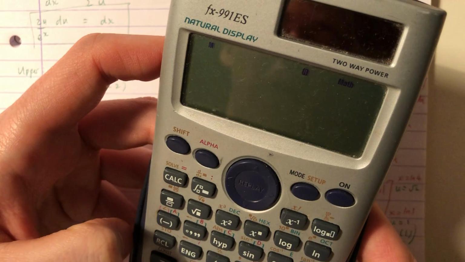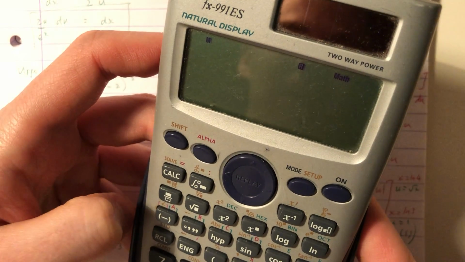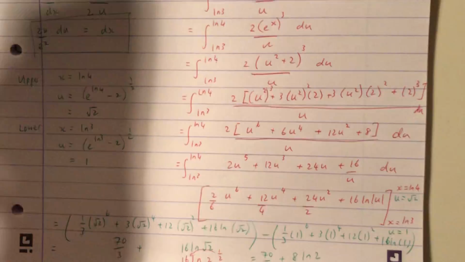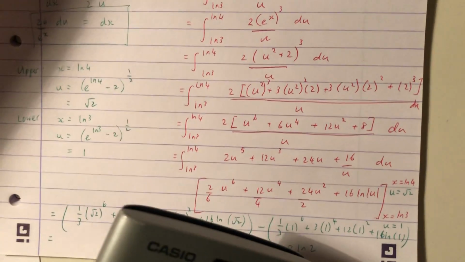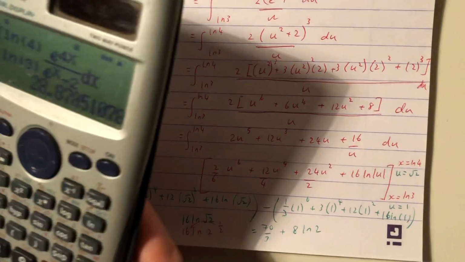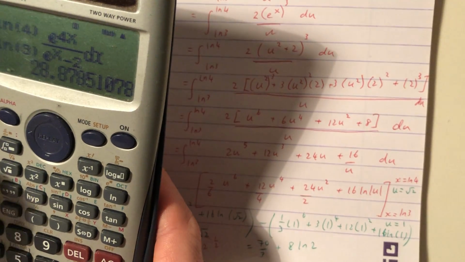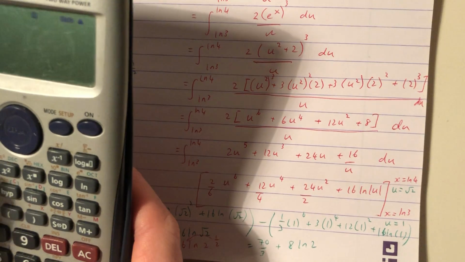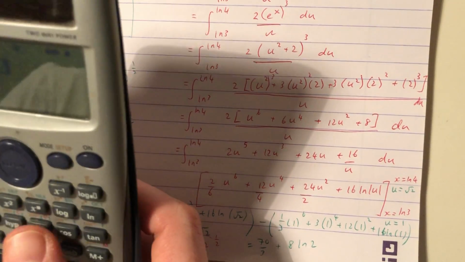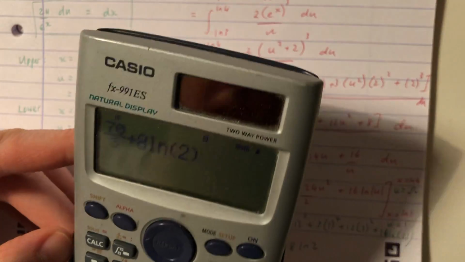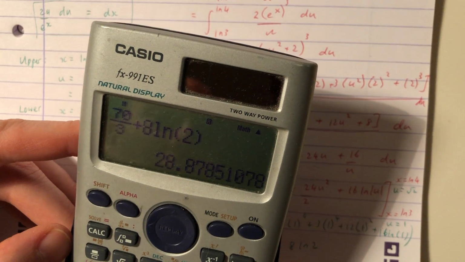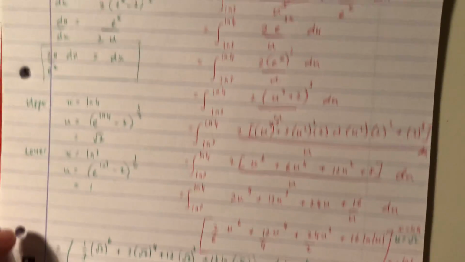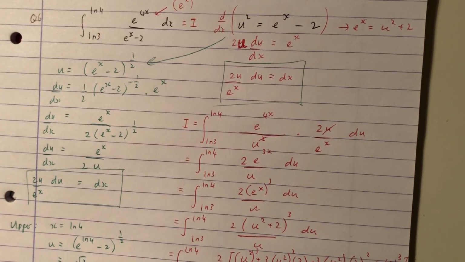Probably take a long time to work it out. Okay, 28 point something, and if I type in what we worked it out to be, which was 70 over 3 plus 8 ln 2, 28, so that's right.